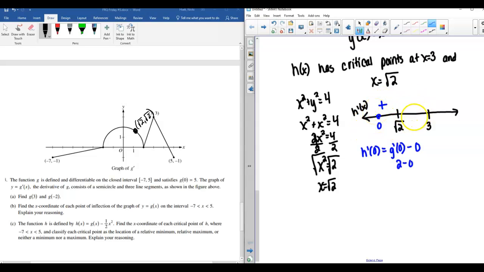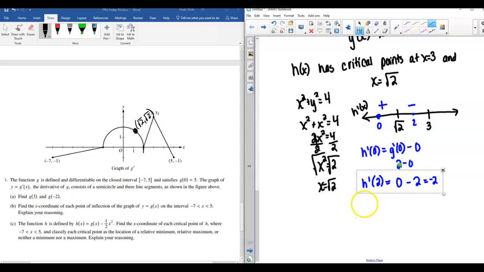Then I need to look between the square root of 2 and 3. I know that 2 is going to fall right there. So I'm going to take this point right here, 2, and h prime of 2 is going to equal 0 minus 2, which gives me a negative 2. So I'll have a negative right here.